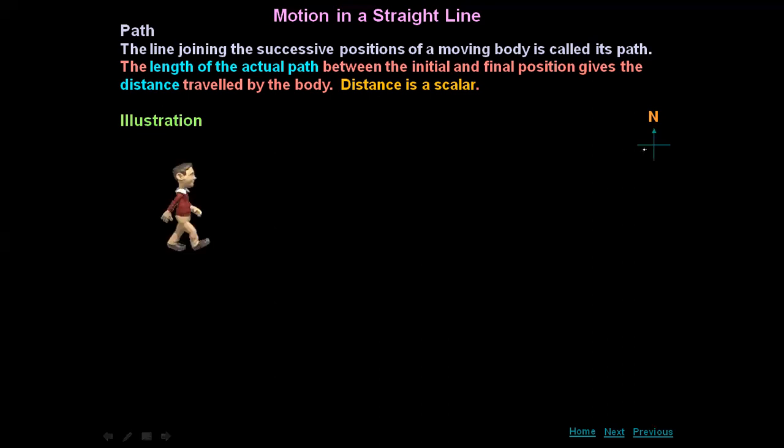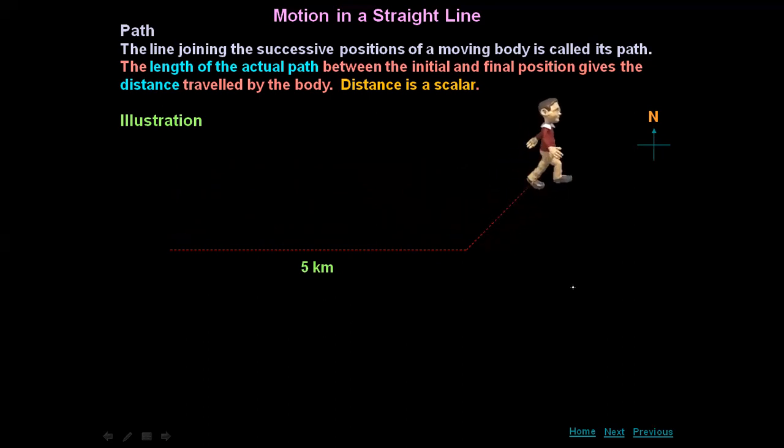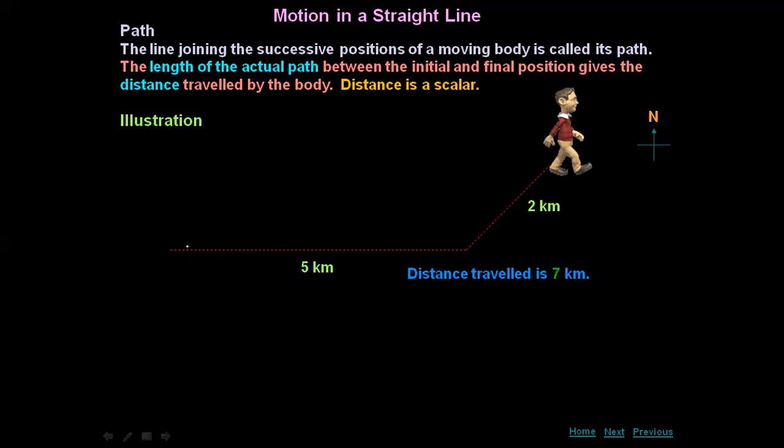Example: this is the direction north, south, east, and west. Suppose that this person is moving along the straight line. One of you boys, you are moving along these lines, 5 kilometers and 2 kilometers. So the distance traveled is 7 kilometers. There is no importance of direction.